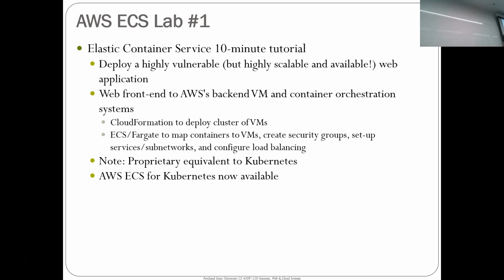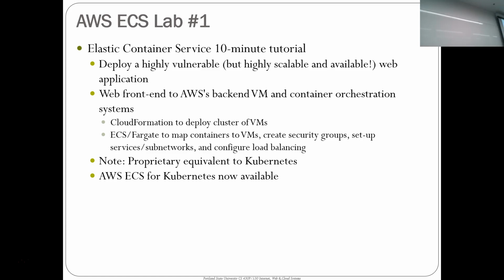Okay. The other thing I want you to do is to go over to AWS. AWS has this proprietary Elastic Container Service, and it's basically going to give you the same thing, but without the open sourceness. So this is their proprietary container service, and it's effectively doing what Kubernetes is doing.